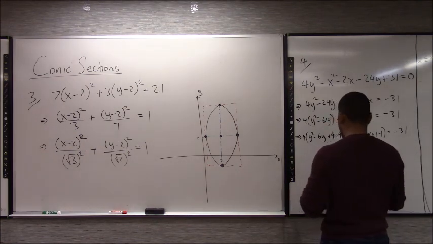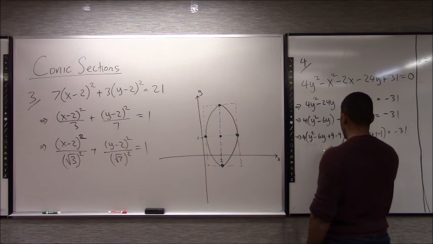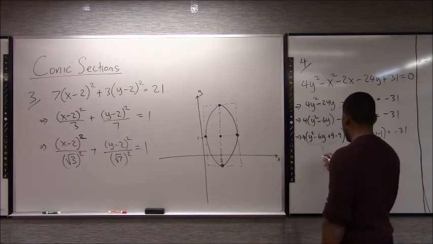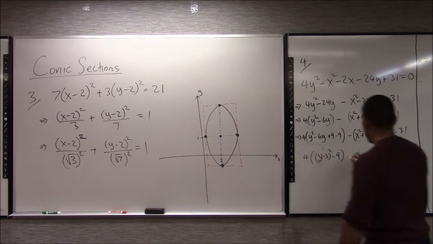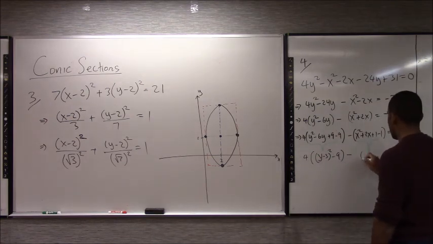Now, the first 3 terms upon doing that will be a complete square. So this part here will become y minus 3 all squared. We're left with a minus 9 out here. This part will become x plus 1 all squared. We're left with a minus 1 out there.